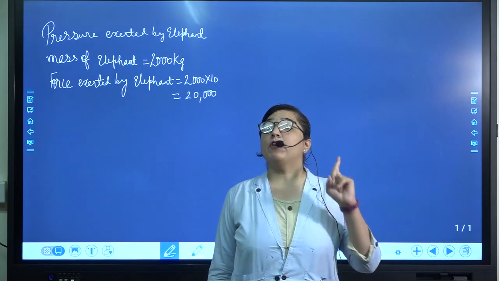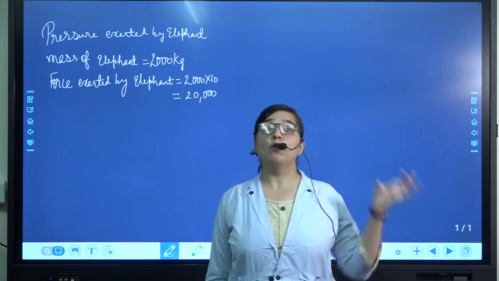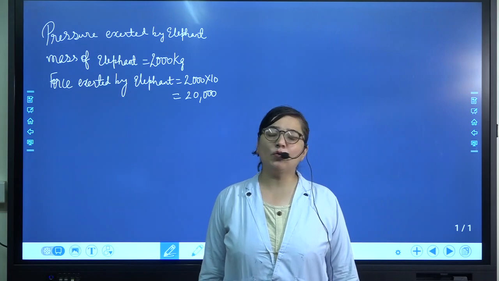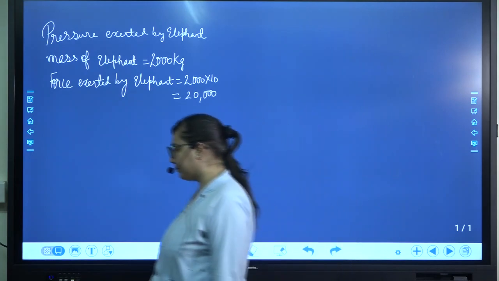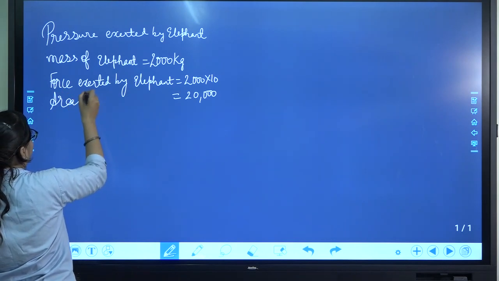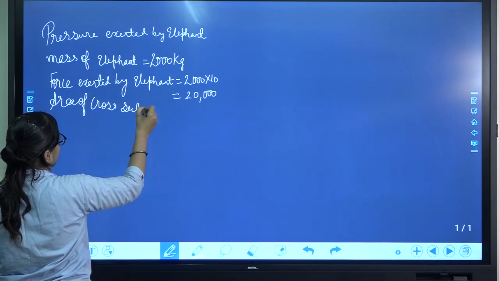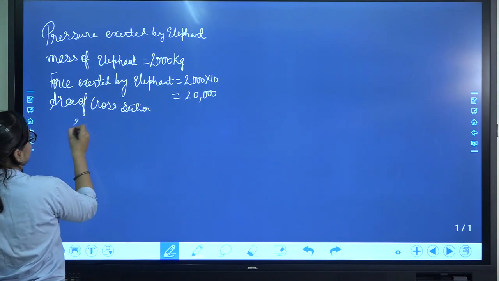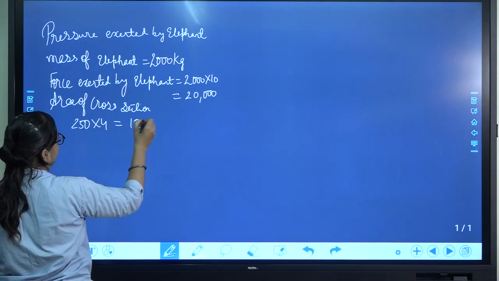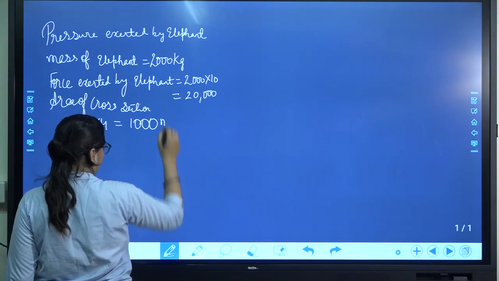So, for 1 we are having the area of 250 centimeter square. For 4, the area will be 250 into 4. So here, area of cross section will be 250 into 4, which is 1000 centimeter square.